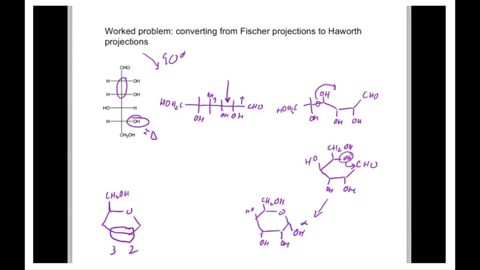This would be our alpha anomer. The other possibility would be the beta anomer that would look like this. So beta and alpha would be the two possibilities that would form from this.